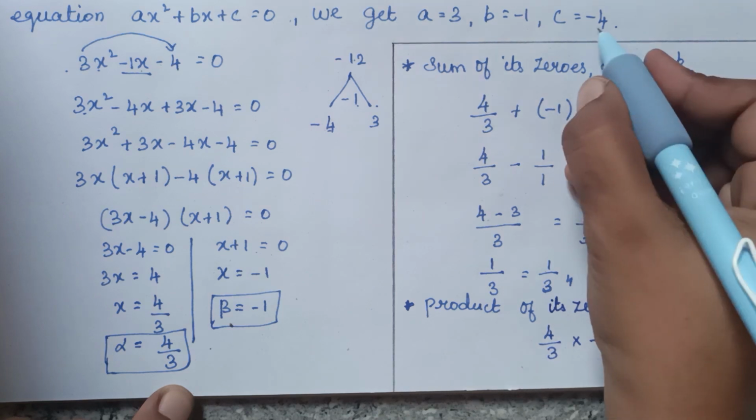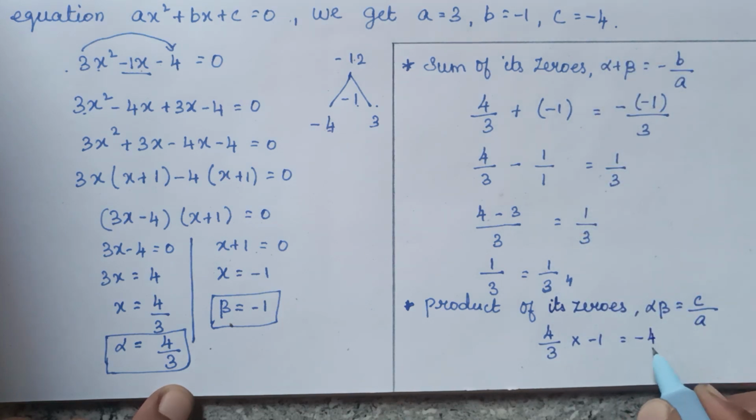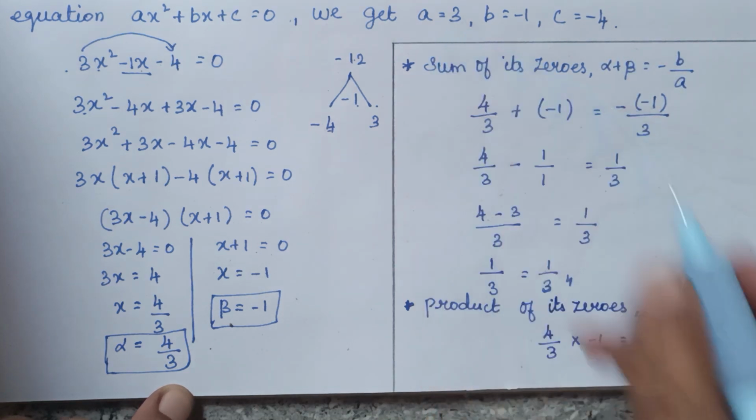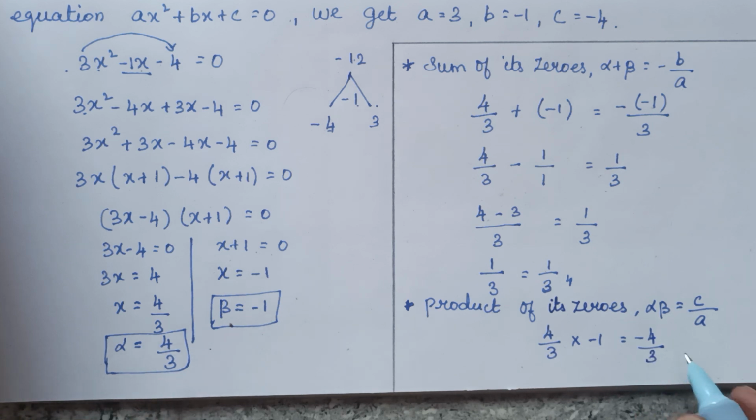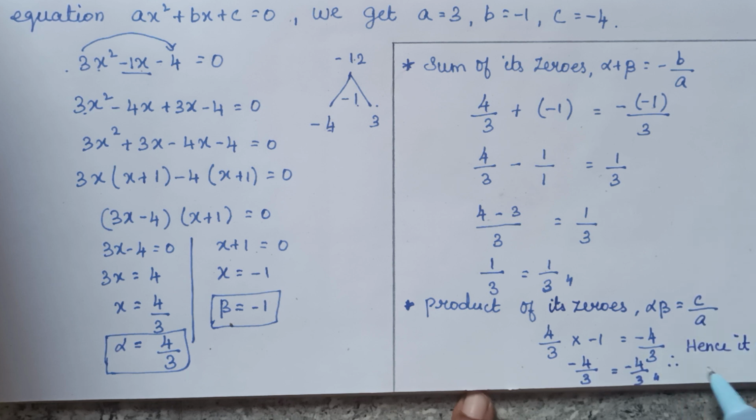Value of c is minus 4 by a is 3. Okay. So multiply minus 1 into 4 by 3 is equal to minus 4 by 3, equal to minus 4 by 3. So both the sides are equal. So therefore, hence it is verified. Thank you.